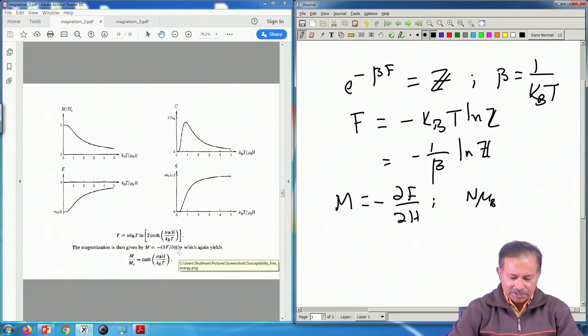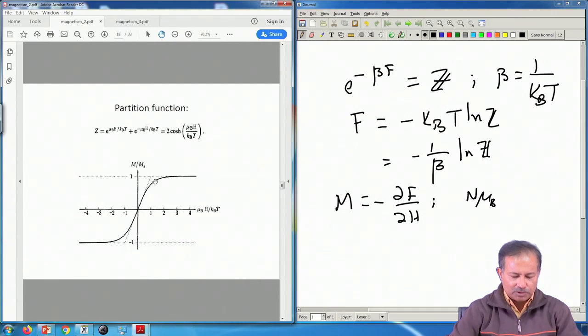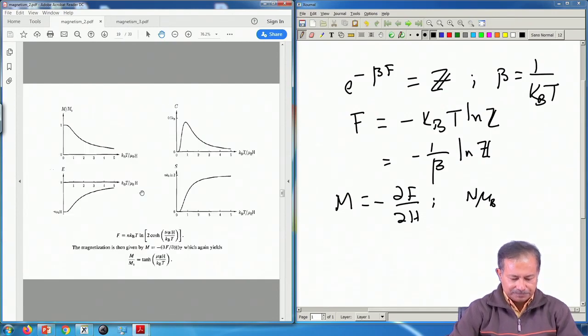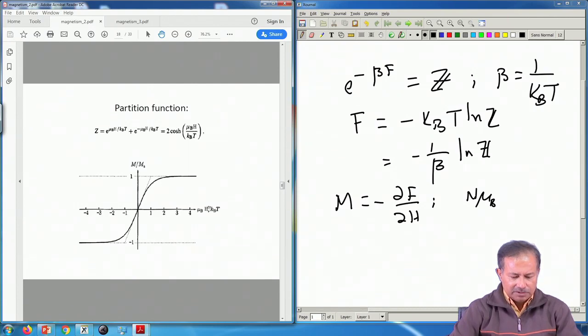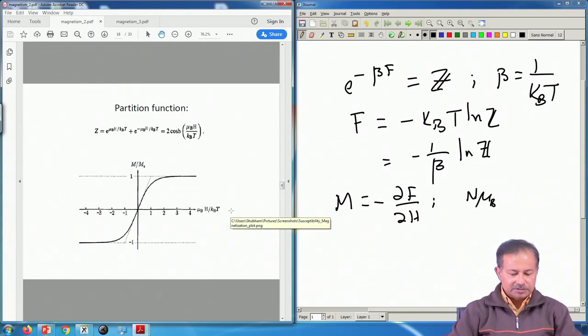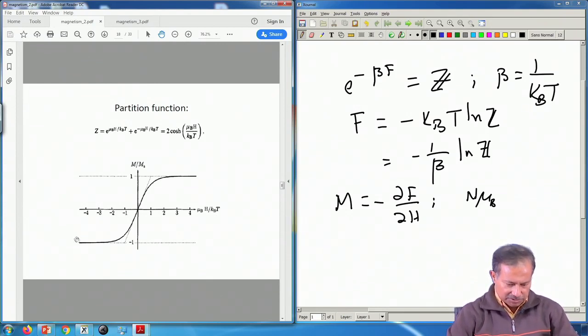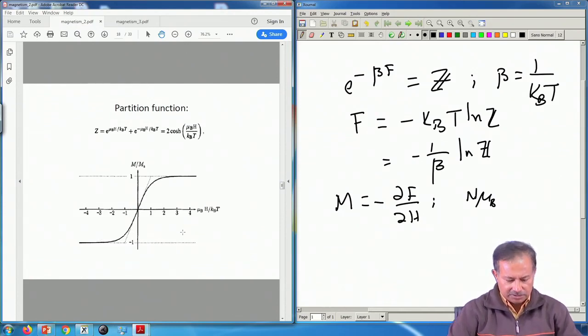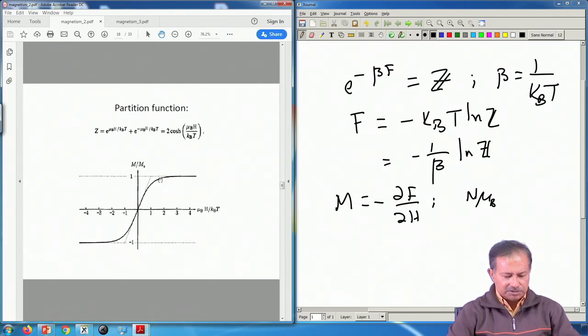Therefore, then you can plot. One way to do it is to plot M by M_s as a function of mu_B H by k_B T, and that is this plot. This is the tan hyperbolic function, and as temperature reduces, this becomes steeper and steeper.